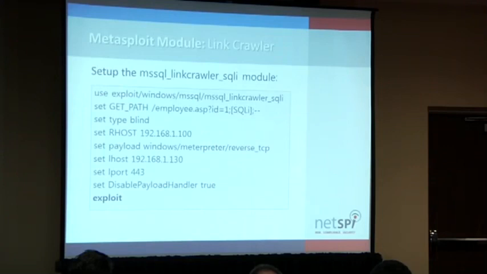Like I said, it's not the SQL injection tool, so you have to know how to do the actual injection. You mark it with SQLi, set the type of injection, blind, error, or union, set the payload, disable the payload handler, and if you find any links with excessive permissions, it will start giving you back shells.